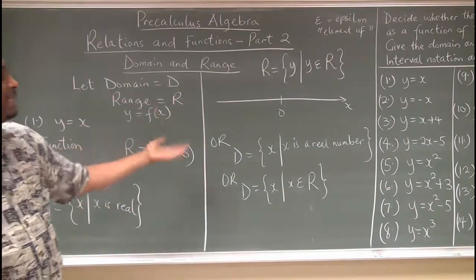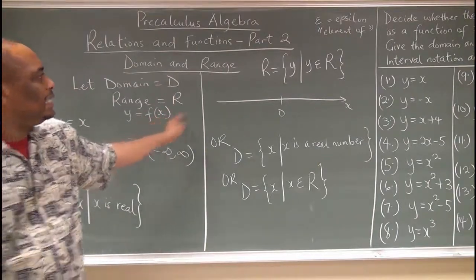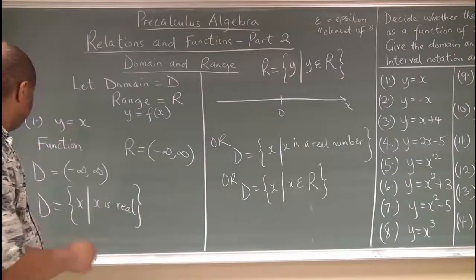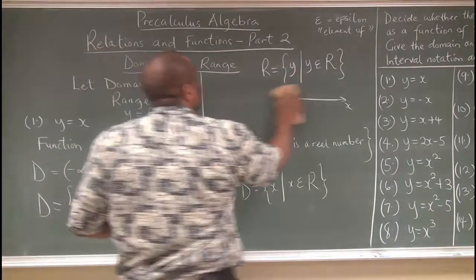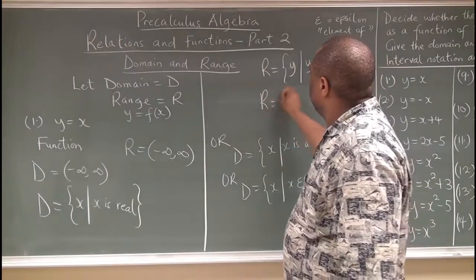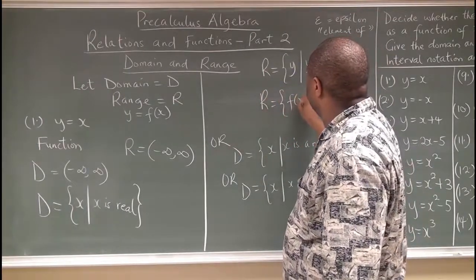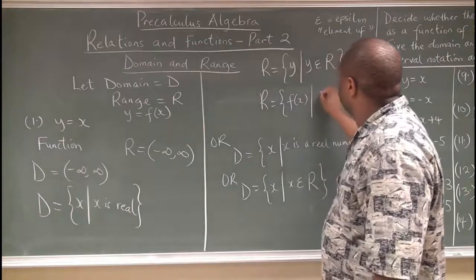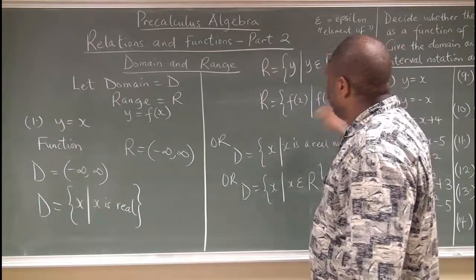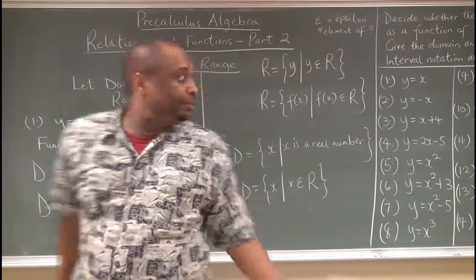Okay? You can also write, some textbooks will write range as function of X, such that function of X is an element of R. I mean, some textbooks will write it like this. It's still the same thing because Y is a function of X. Some textbooks will write it this way, function of X, such that function of X is also an element of the set of real numbers.